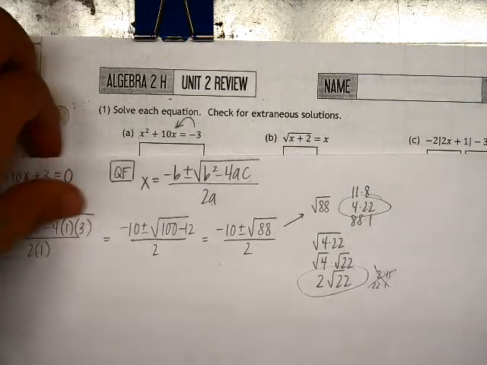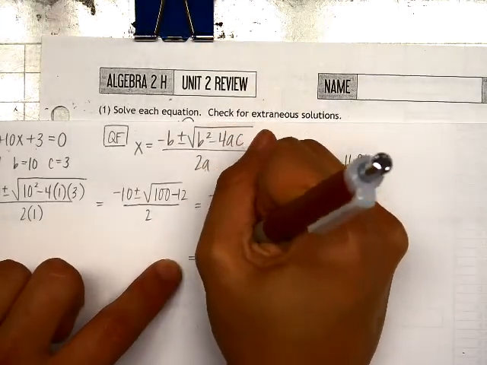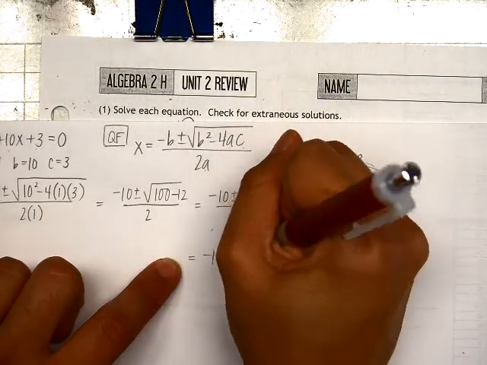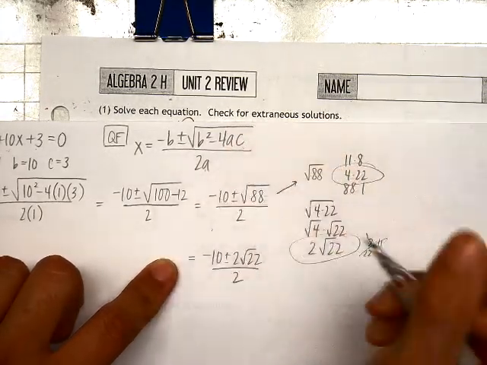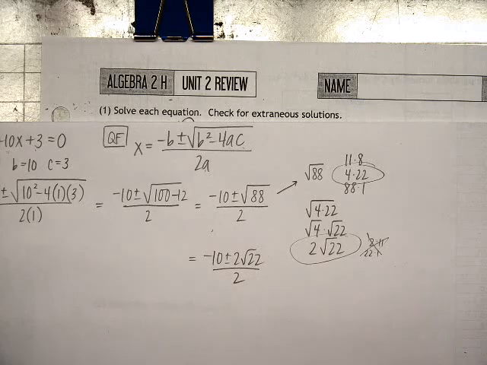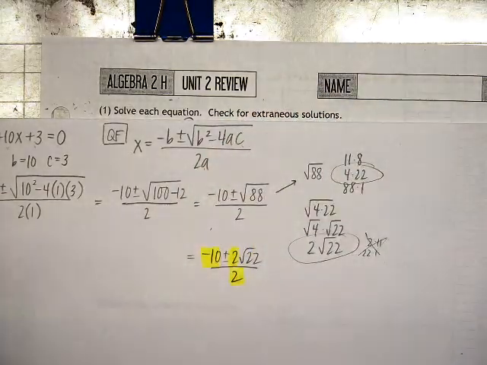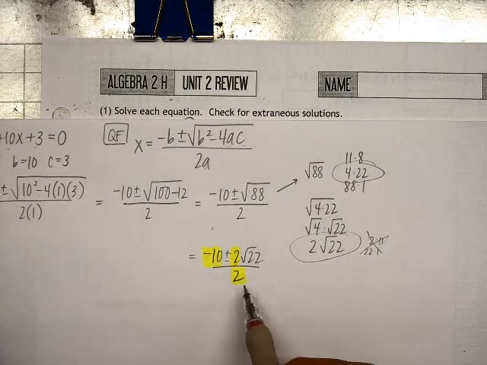Now going back to our original problem, that means instead of square root 88 inside, we have 2 root 22 instead, over 2. And the reason we do that is so we can try to simplify as much of the problem as we can. We can't simplify numbers inside square roots, but we can simplify any numbers that are outside the square root, which would include the negative 10, the 2, and the 2.